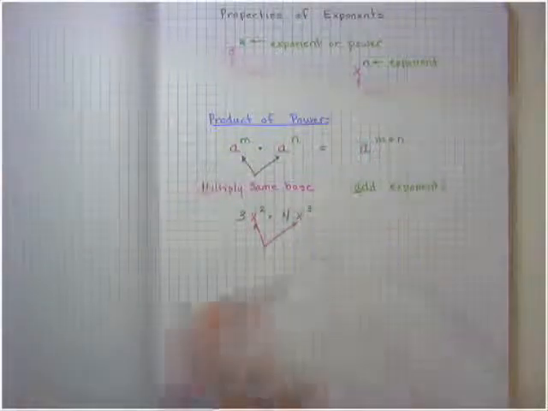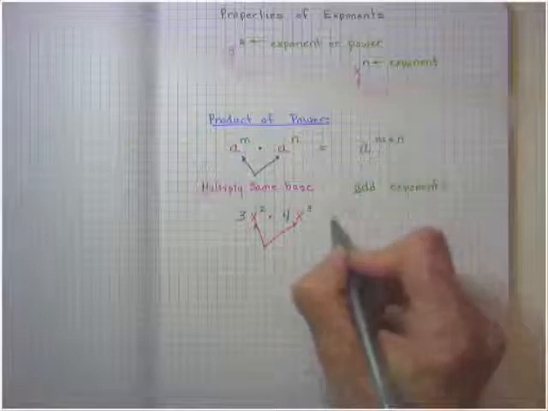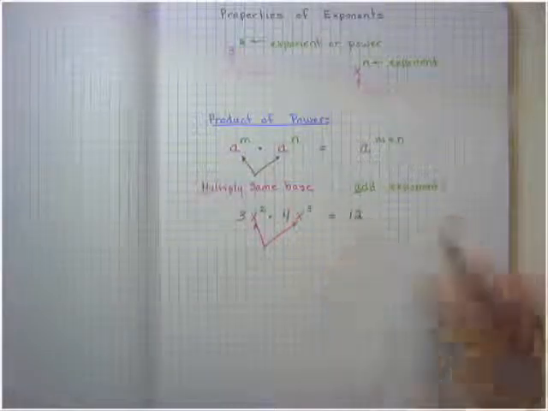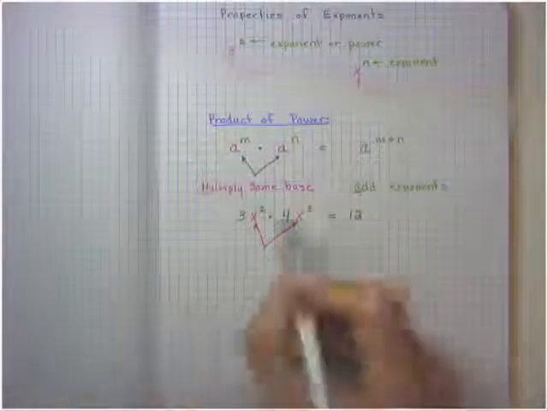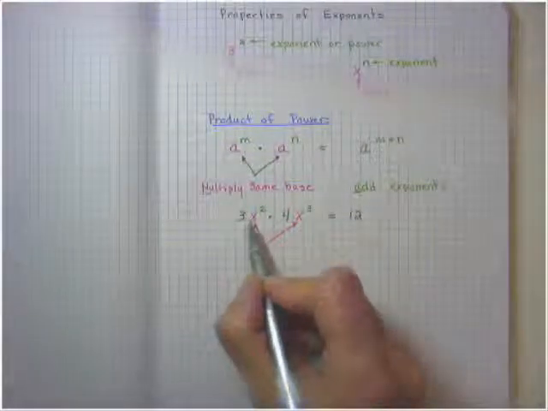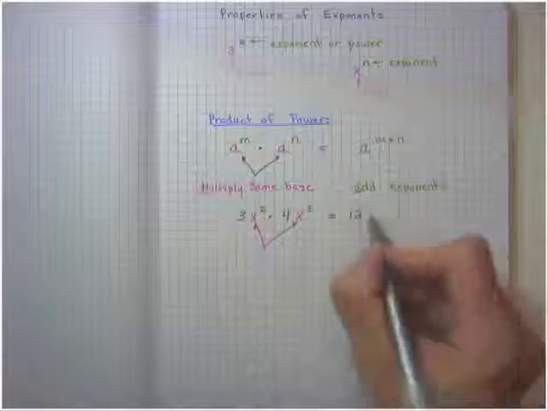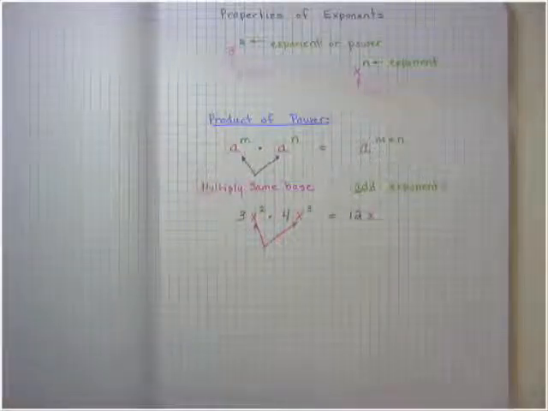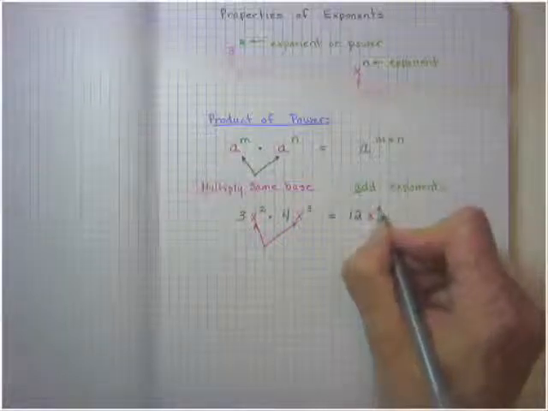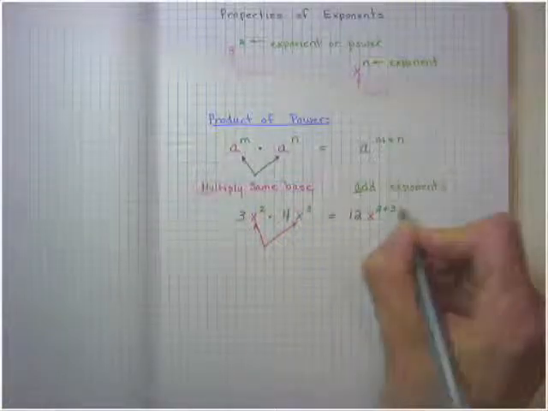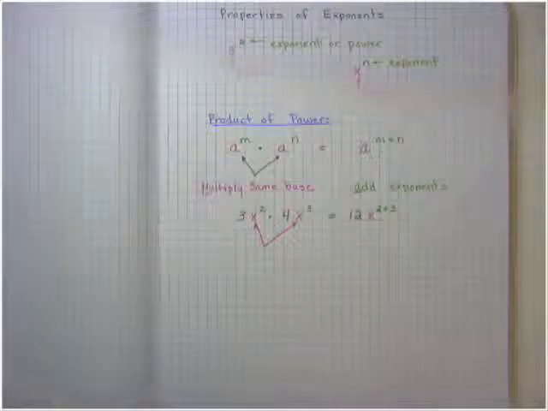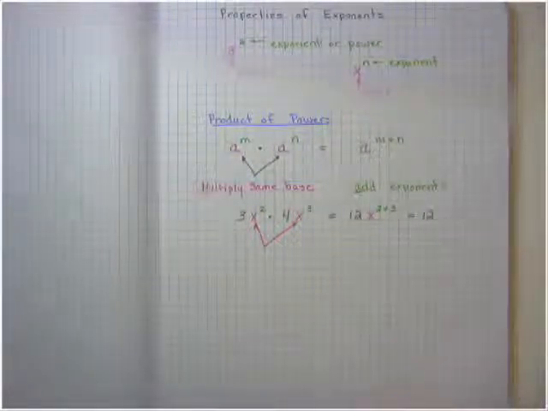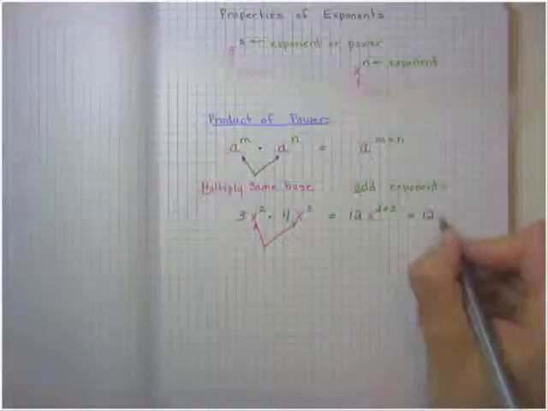So we add them. So that's going to become 3 times 4 is 12 times, these are being multiplied together, so that's going to be x, and then we're going to add our exponents, so that's going to be 2 plus 3, so that whole thing equals 12 x to the 5th.